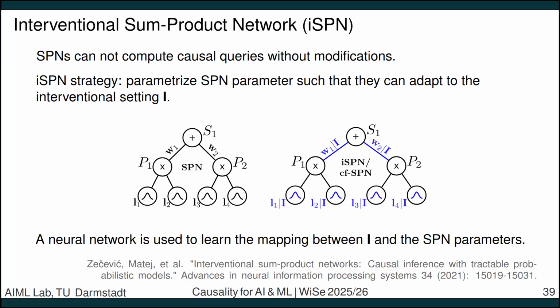Basically, this requires us to train our SPN with interventional data. So where before we needed a causal order or the causal graph, here we don't explicitly require the causal graph, but we require access to interventional data so that the neural network can learn the right parameterization of that network.